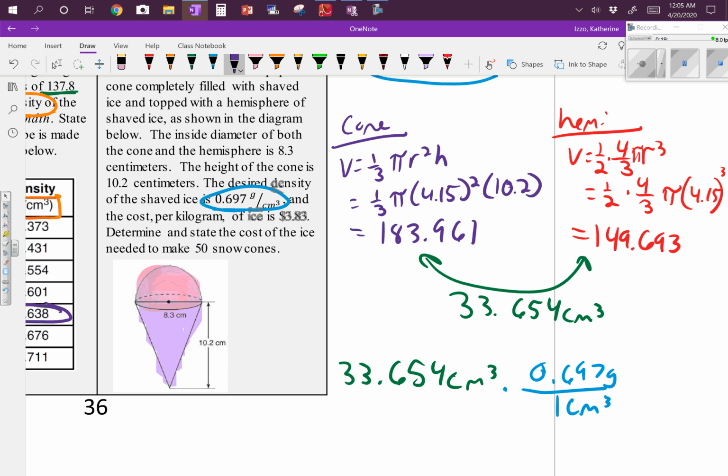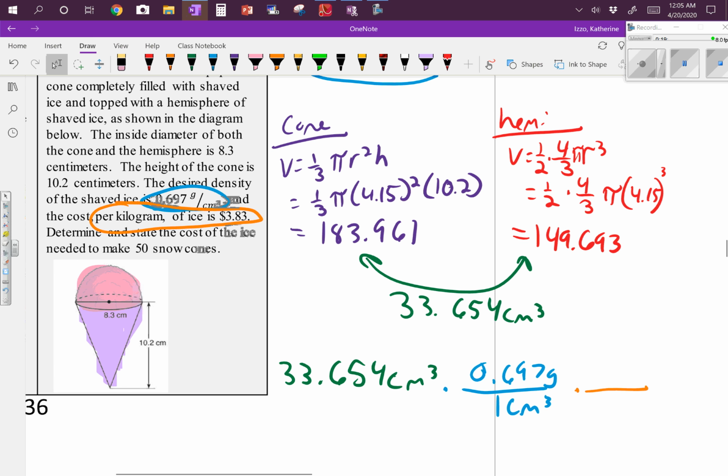And the cost per kilogram of ice is this many dollars. So I would love to go right to the cost. Unfortunately, I can't. I've got grams and it's got kilograms in there. So we need to say that 1,000 grams is equal to 1 kilogram.